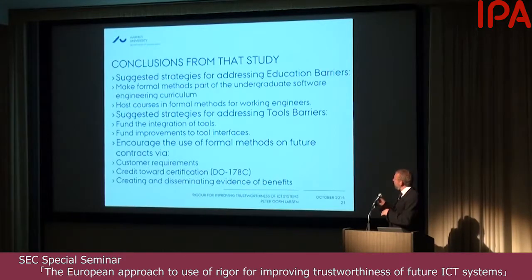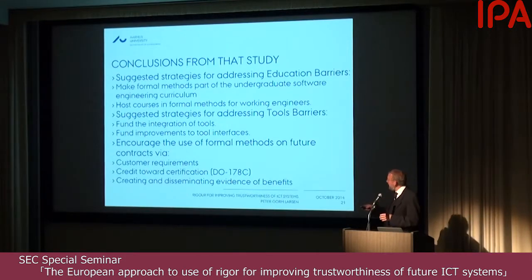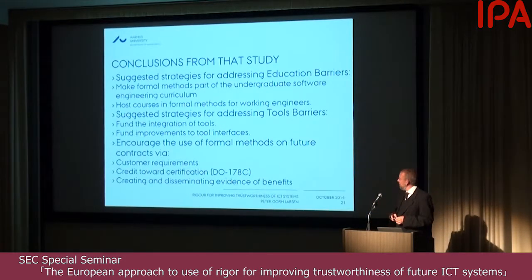The majority of the stakeholders here come from the aerospace business. And in the aerospace business, you could, if you wanted to, as one of the requirements, state that you would like the use of formal techniques, which is also advocated for in certain certification documentation like DO-178C, and then try to create and disseminate evidence on the benefits. And I believe something similar is also happening here in Japan.